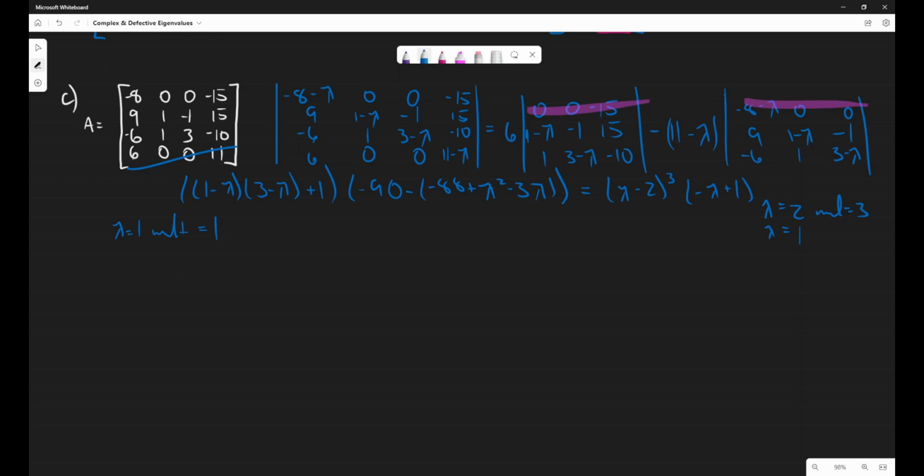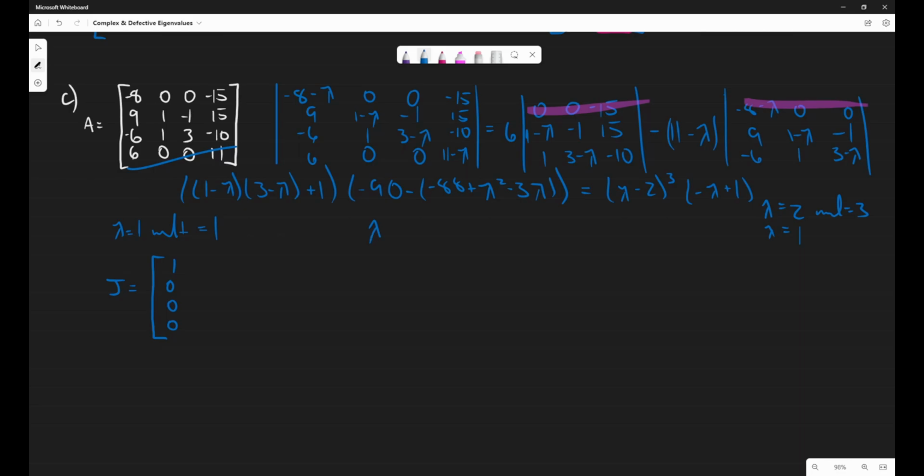So that means it's just going to be a 1 by 1. This one's okay. This one would just have one eigenvector since the geometric is equal to the algebraic. So we can just go ahead and start writing our Jordan block. It's going to be a 4 by 4 because our matrix A is 4 by 4. So it's going to be a 1 and then zeros all the way down here.